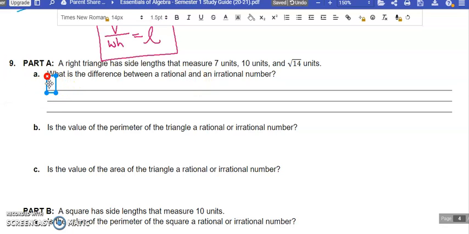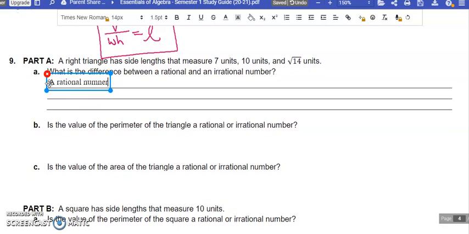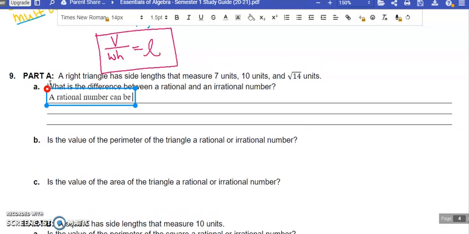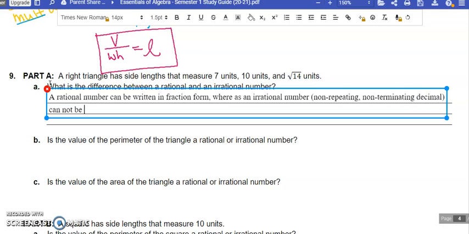You could word this in several different ways, but you might want to say something like a rational number can be written in fraction form, whereas an irrational number, like a non-repeating, non-terminating decimal, cannot be written as a fraction.